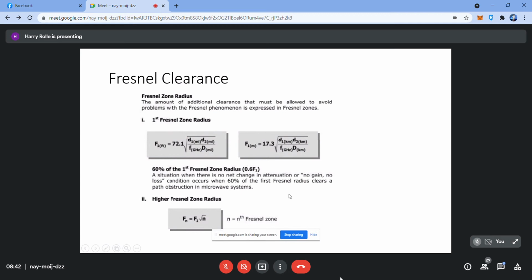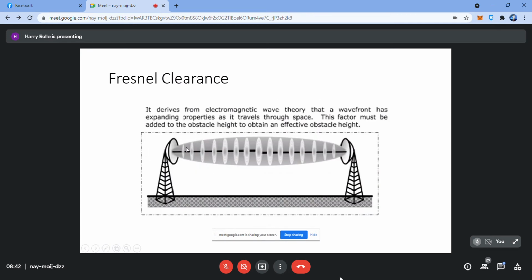So, ano ibig sabihin nun? Yung unang-una daw na Fresnel zone natin, for example, this is your first Fresnel zone. Dito, 60% of this area, nandoon yung wala tayong loss or walang gain na nangyayari sa system natin. More than that, meron na tayong nagiging loss hanggang makarating dun sa kabilang dulo.